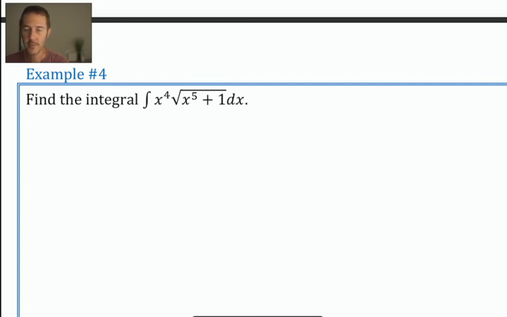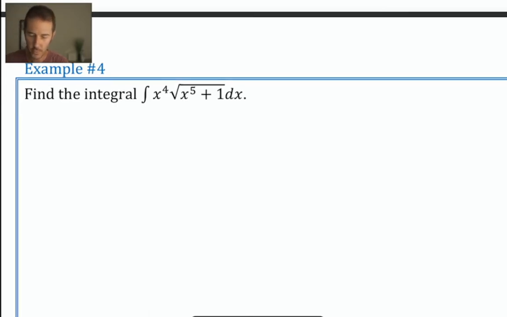Derivative of x to the 5 plus 1 is 5x to the 4. See what I'm saying? Okay, so the derivative of part of this is equal to a constant multiple of another part. That's the indicator that I should use substitution.